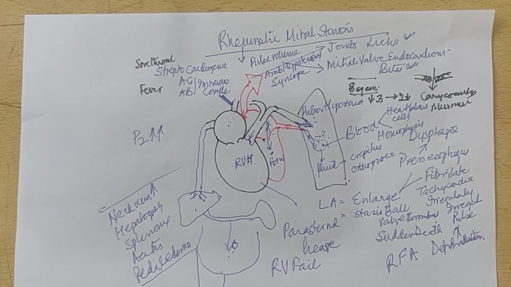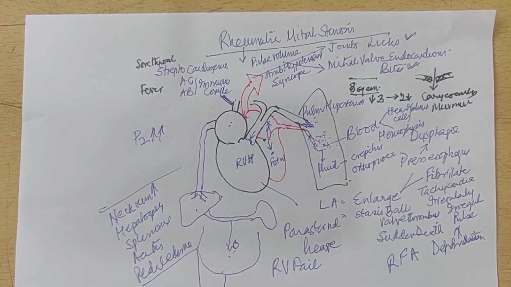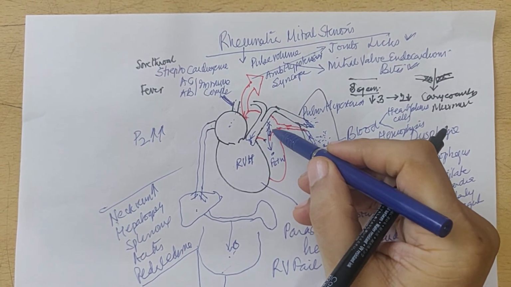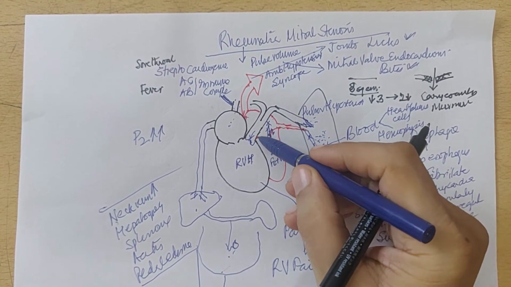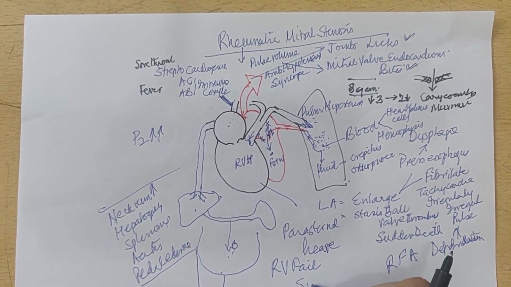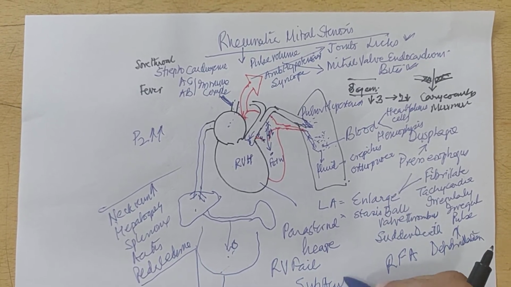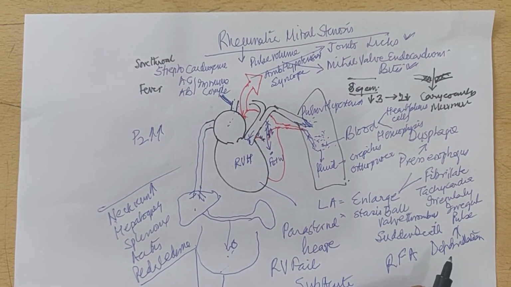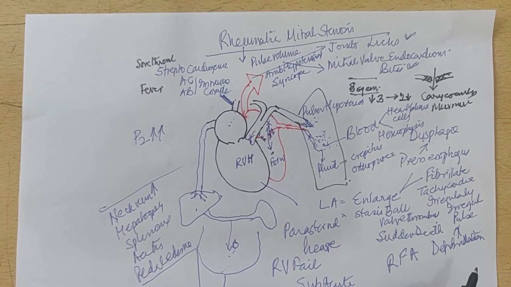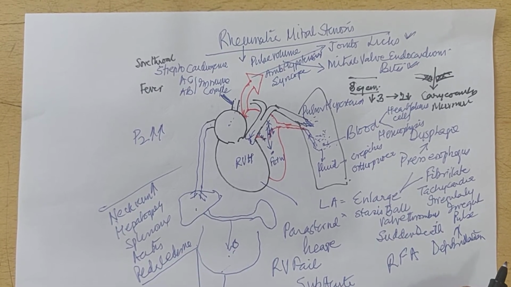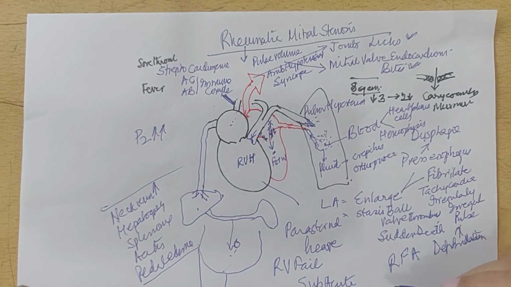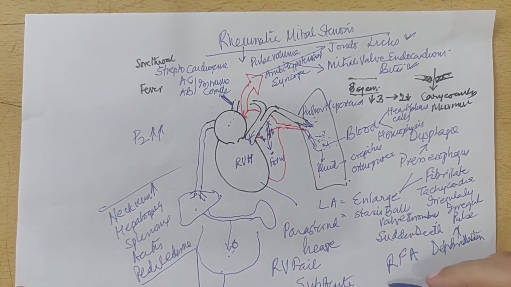Now, there is a complication, and that complication is that there can be bacterial deposits on this valve, and this is called subacute bacterial endocarditis. And this has 4 features.